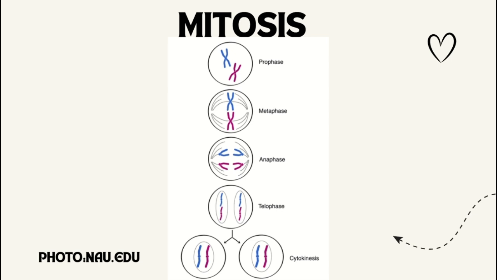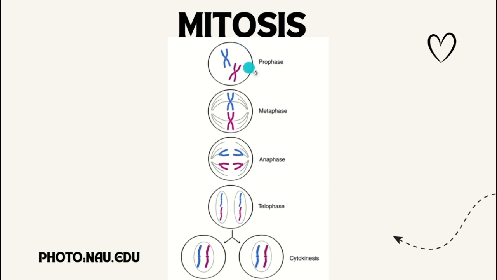The chromosomes become condensed, and then you'd also see the centrioles. Let's just say centrosome, because the centrosome has the centrioles, and it's basically going to be like a circle. They're going to be on opposite ends of the cell.